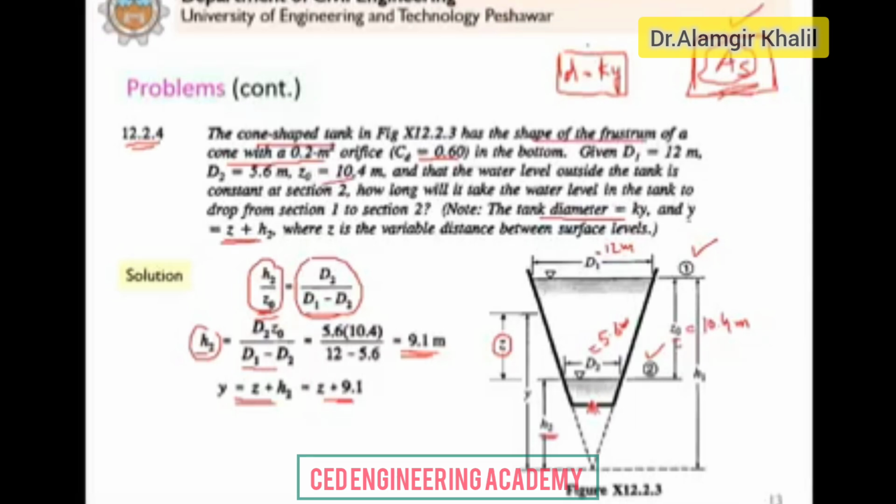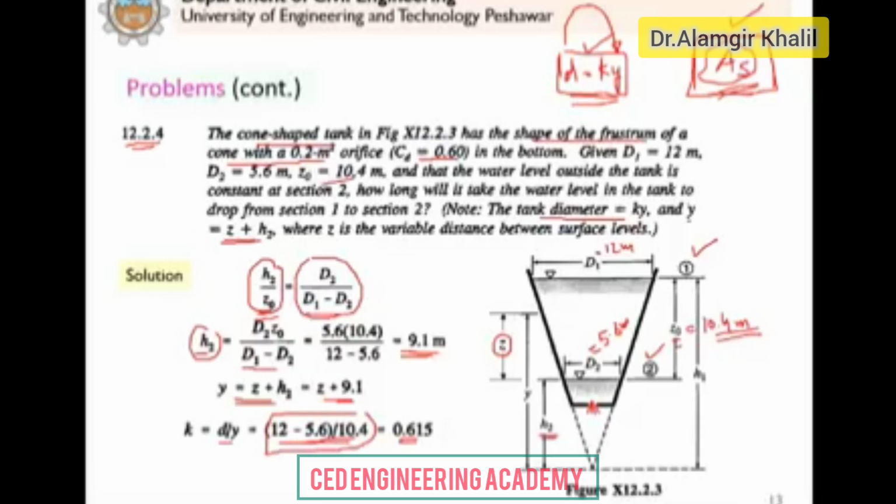Now we are given that D is equal to K times Y. So D has to be expressed in terms of this Y here. But Y is now equal to Z plus 9.1. So what we can write down is that K is equal to D by Y. This is given by these values. K is a constant, 0.615. This is the change which is occurring. What is the change occurring in the diameter in 10.4?